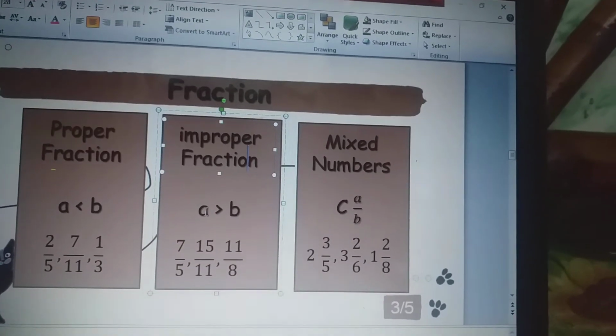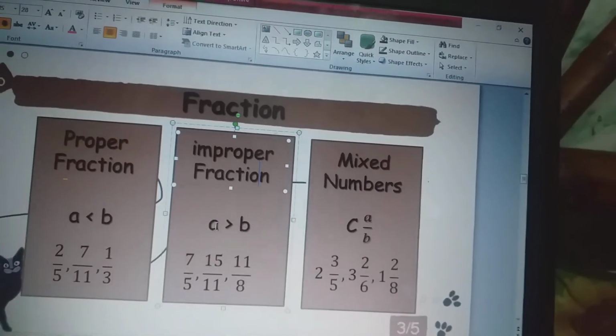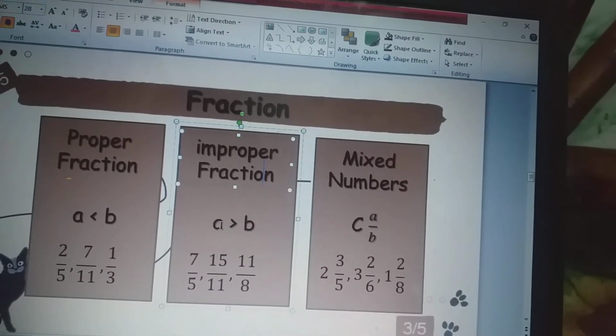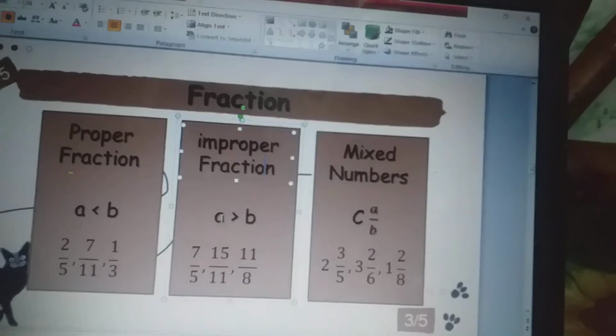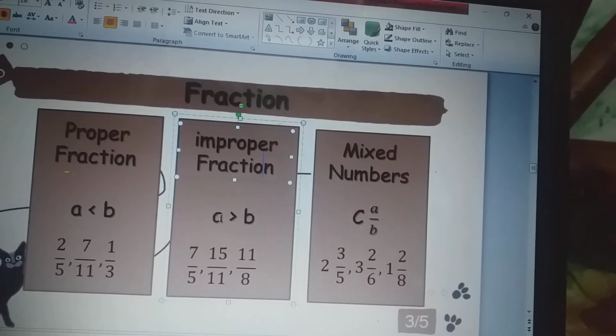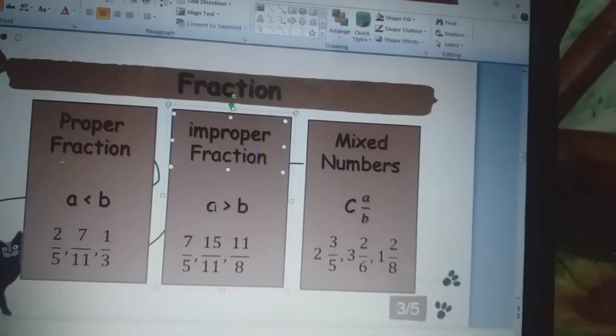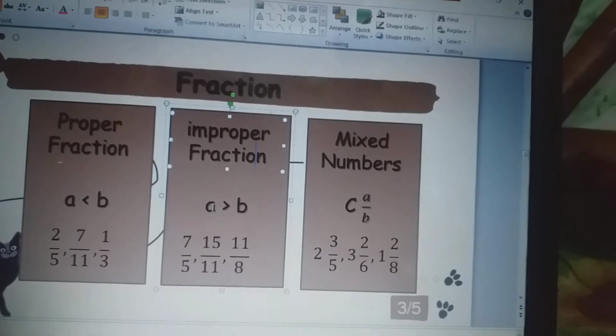So, si numerator ay mas malaki sa denominator or if the fraction is equal to 1. So, aside from the numerator is greater than the denominator, you can say that it is an improper fraction kung ito ay equal sa 1.